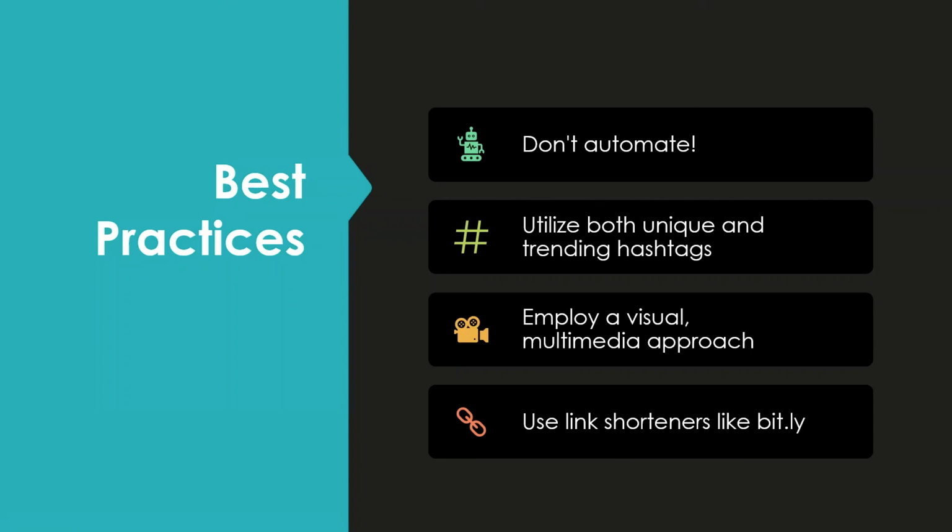Another thing for Twitter that is going to save you is using a link shortener. There is this website, bit.ly, and you can get a free account, and all it does is take really long web addresses and make a way shorter link out of them.